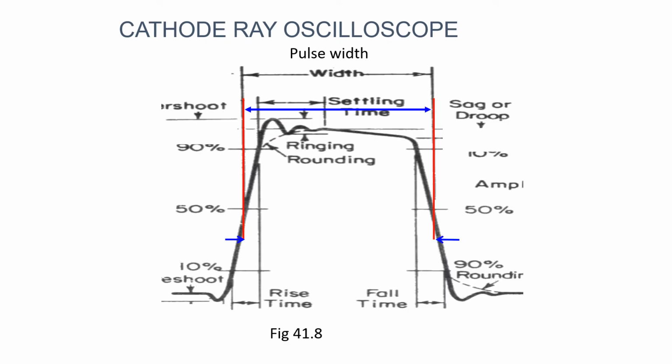So you can see here it is indicated as the width of the pulse from 50% of the amplitude on both sides of the pulse, that is, on the rising edge and on the falling edge you mark 50% of the amplitude, and the time period between these 50% amplitudes is nothing but the pulse width. So this is how you can calculate the rise time, the fall time, and the width of the pulse.